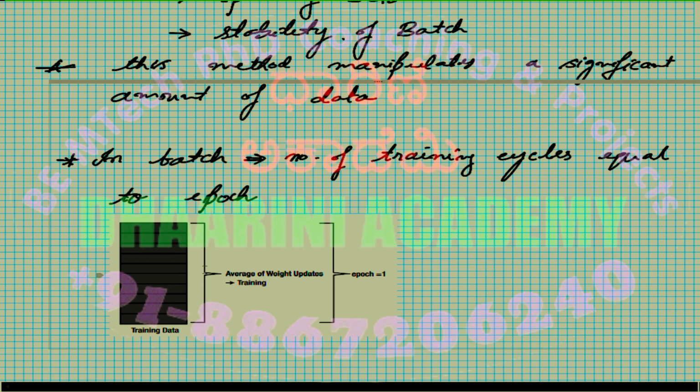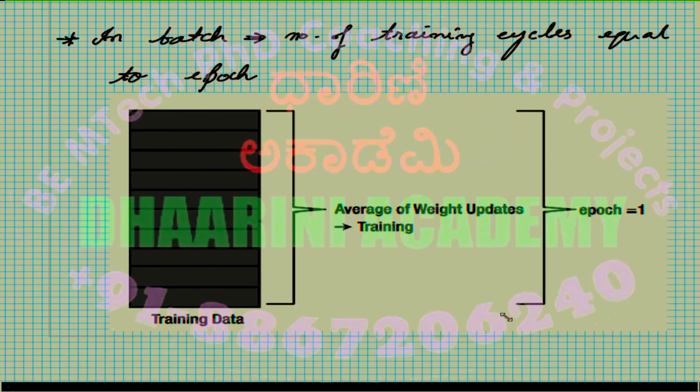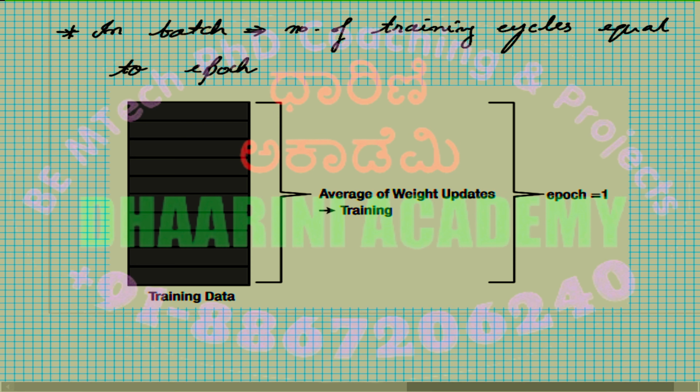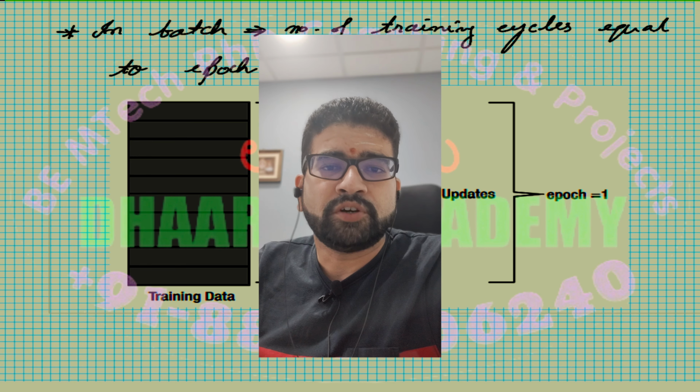Once I do that, I apply that to calculate the weight update. The complete data set I have, take the averaging, then you update. So the whole data set is being used for training, and that is epoch number 1. That is how I use the batch method for training.